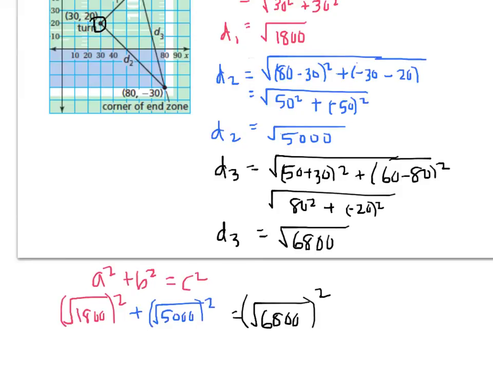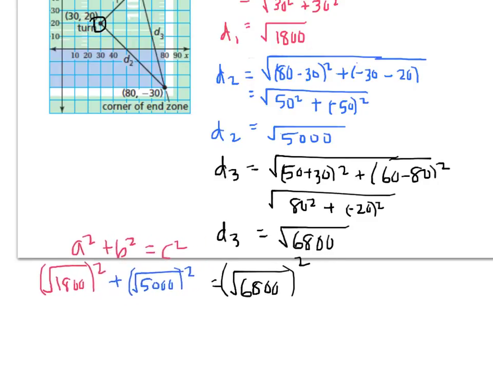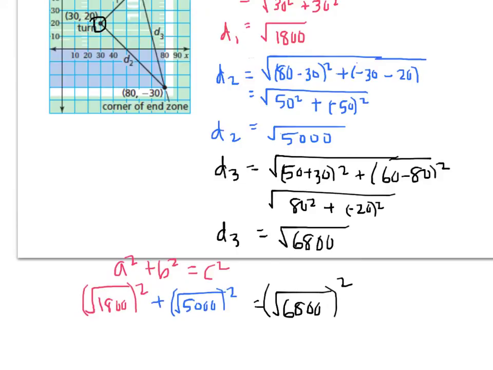Hopefully you see now why I kept it like that. Oh, that's cool. I can do that. Okay, so hopefully you see why I kept it like that, because now you get 1800, because they cancel out, right? You see that? They cancel each other out. And then plus 5,000 equals 6,800, which is true. So yes, the friend did make a 90-degree turn.